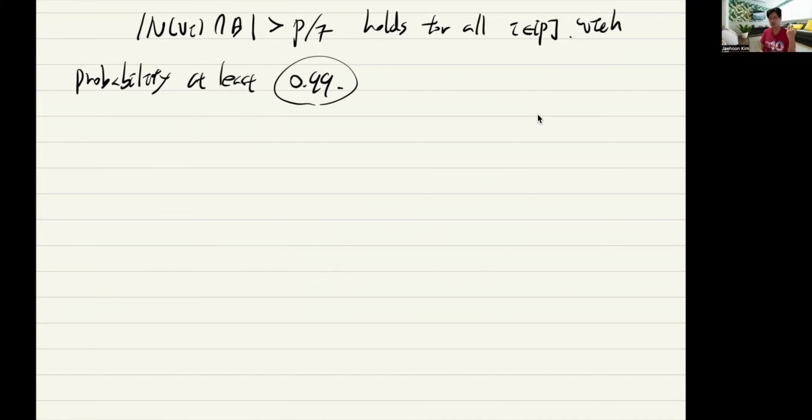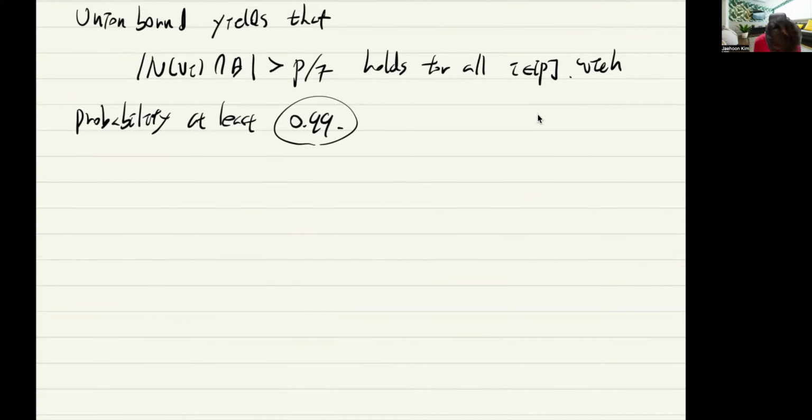So the probability that at least one bad thing happens is at most 0.03. That means with positive probability, none of the bad events happen. So there exists a choice of B such that all the good things happen.